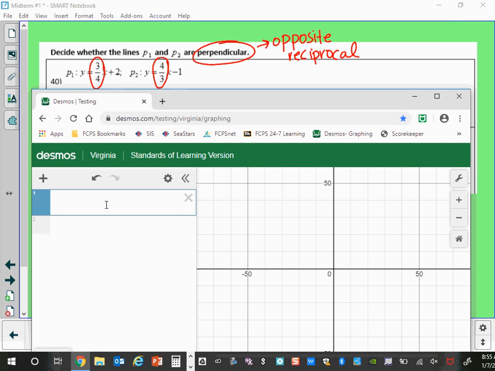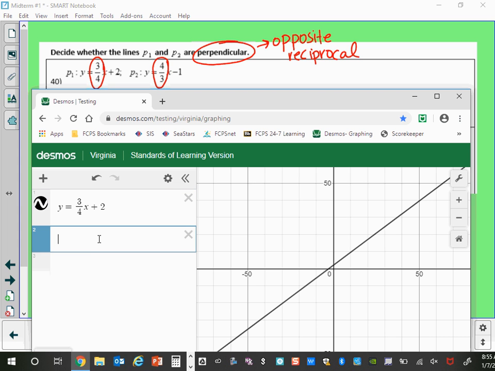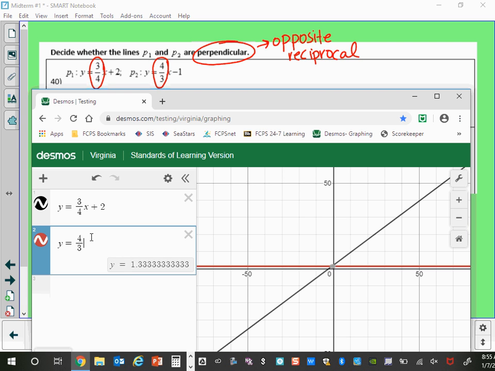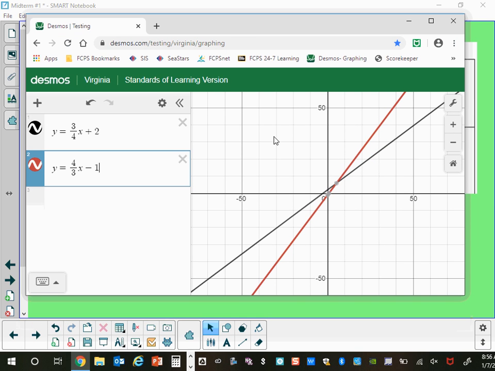So let's type in our lines here. The first one is y equals 3/4 x plus 2. And your second line is y equals 4 divided by 3 x minus 1. Are those 2 lines crossing at a perfect right angle?